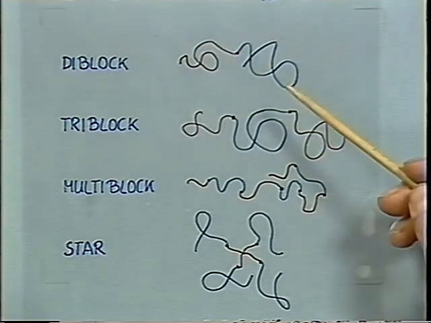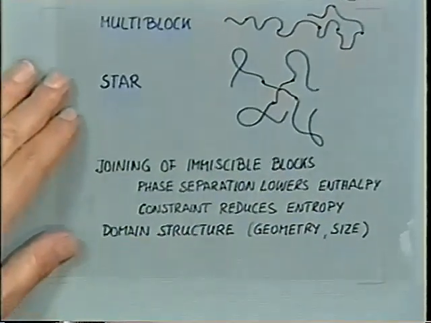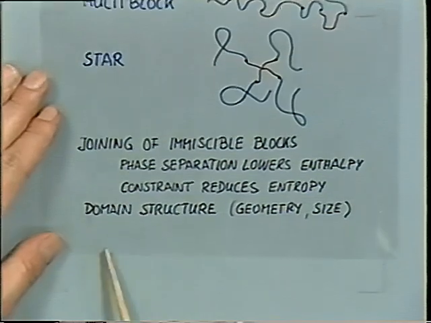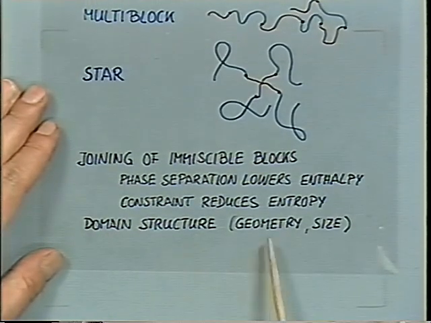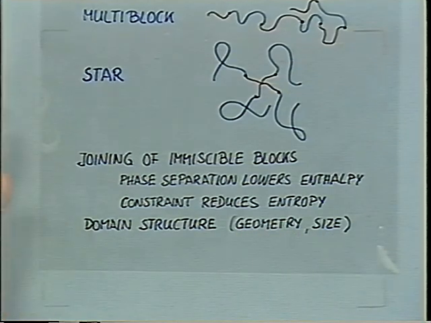And for the internal energy, there's a balance between the entropic effect and the enthalpic effect of those block copolymeric molecules. If the internal energy gives a phase-separated domain structure, then we would be interested in the specific geometry and the size of those phase-separated regions.